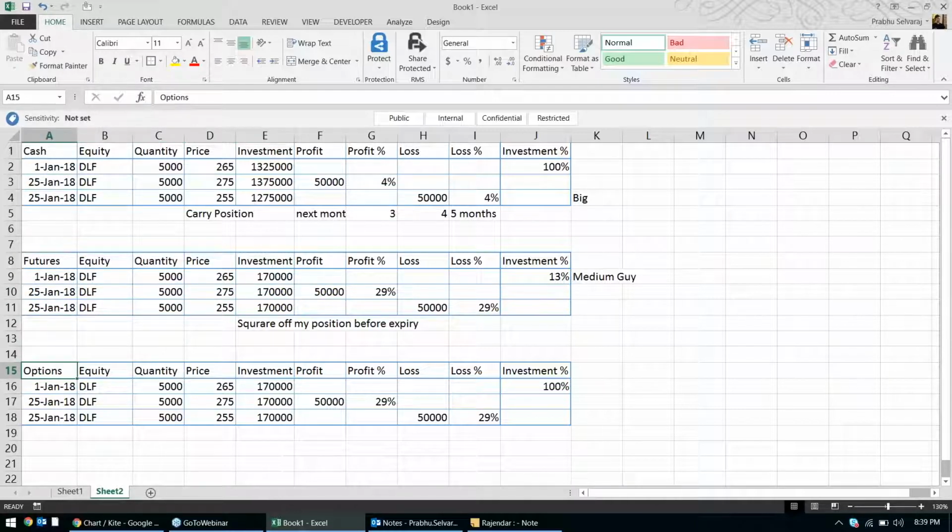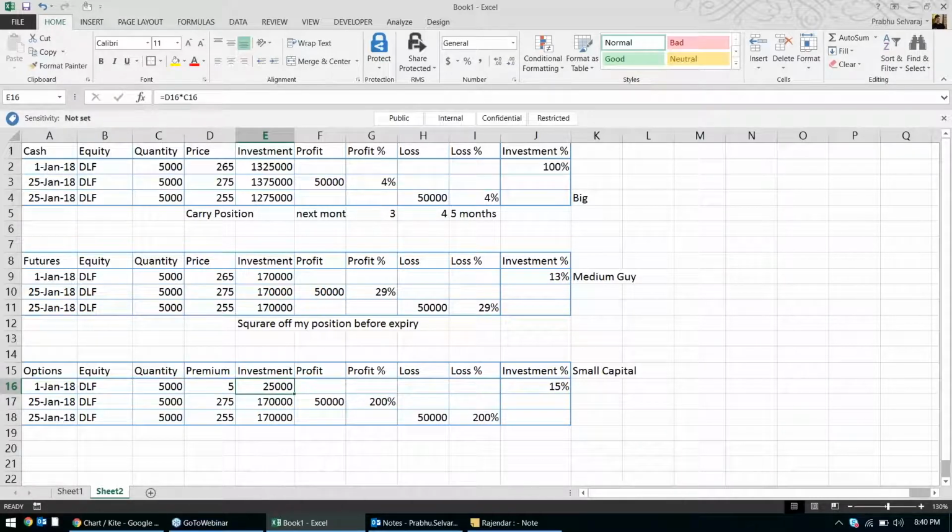Now the third set of people, whom we call small traders, not small capital, will say, sir, I cannot bring 13 lakh nor can I put 1,70,000. My capacity is only 25,000 rupees, not more than that. For those kind of people, they will buy one lot of DLF by paying a premium of 5 rupees with an investment of 25,000 rupees.